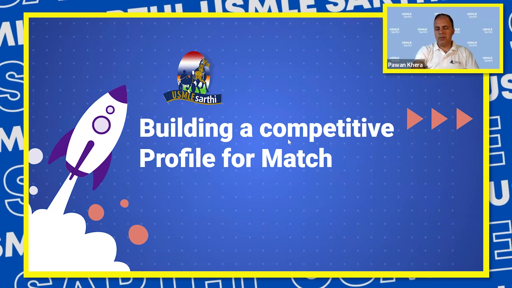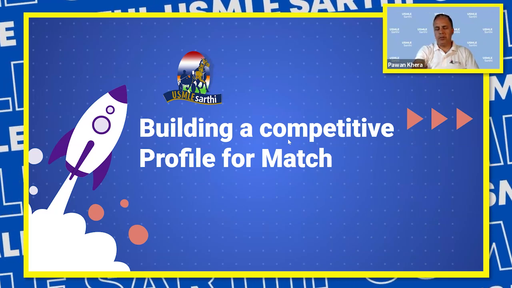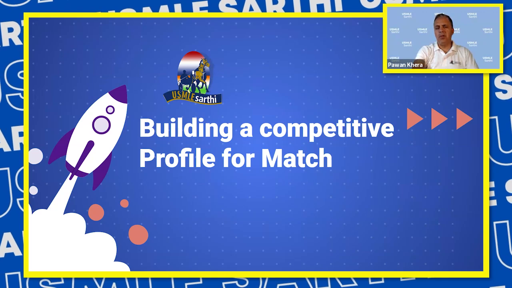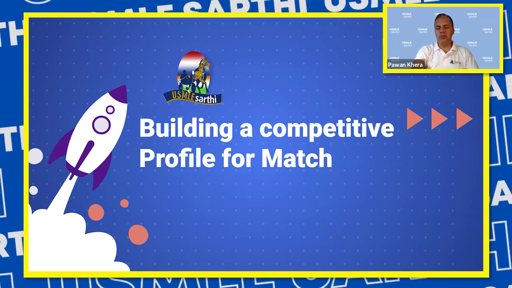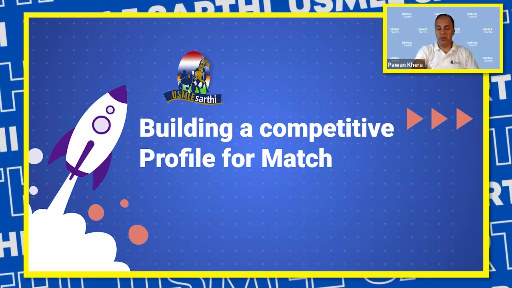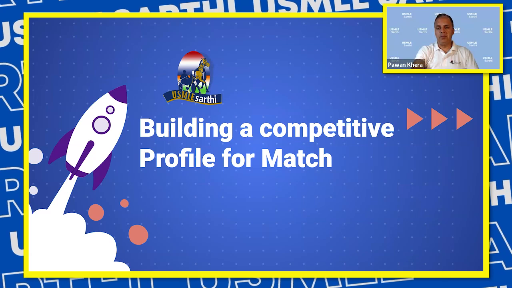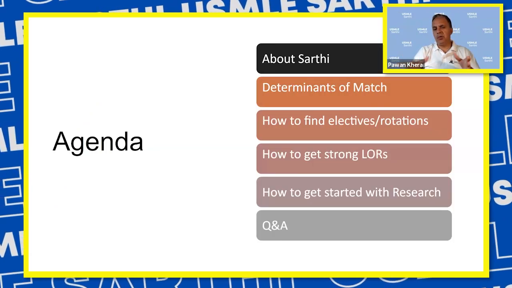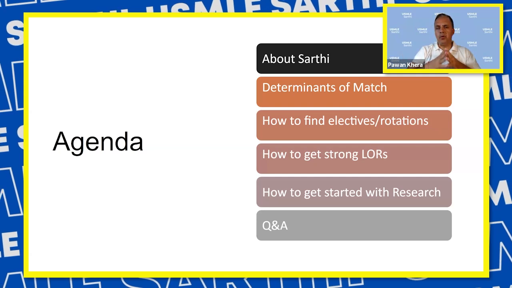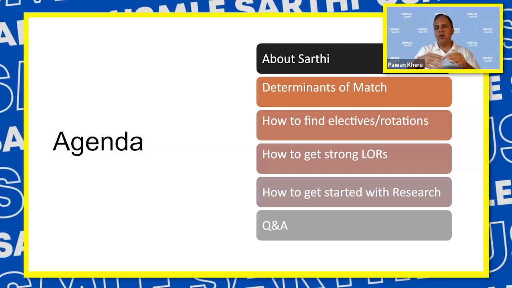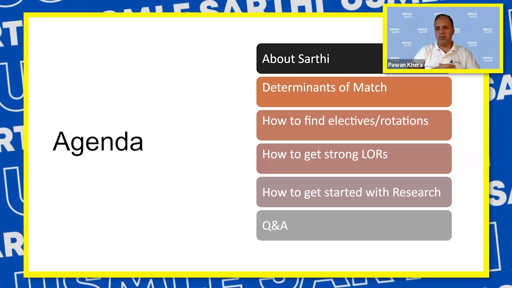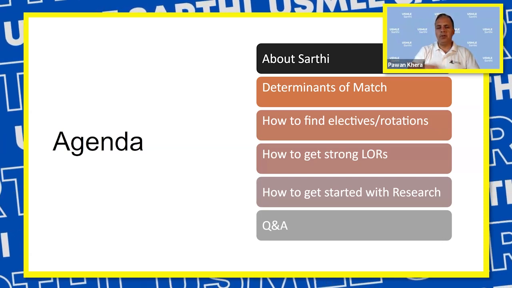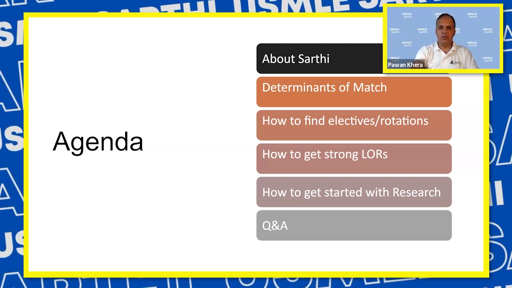The title of today's webinar is How Do You Build a Competitive Profile for Match, geared mostly towards applicants who may be applying next season or so. We'll talk about SARTI, what will determine your match, how to find electives and rotations, how to get strong LORs, and how to get started with research.